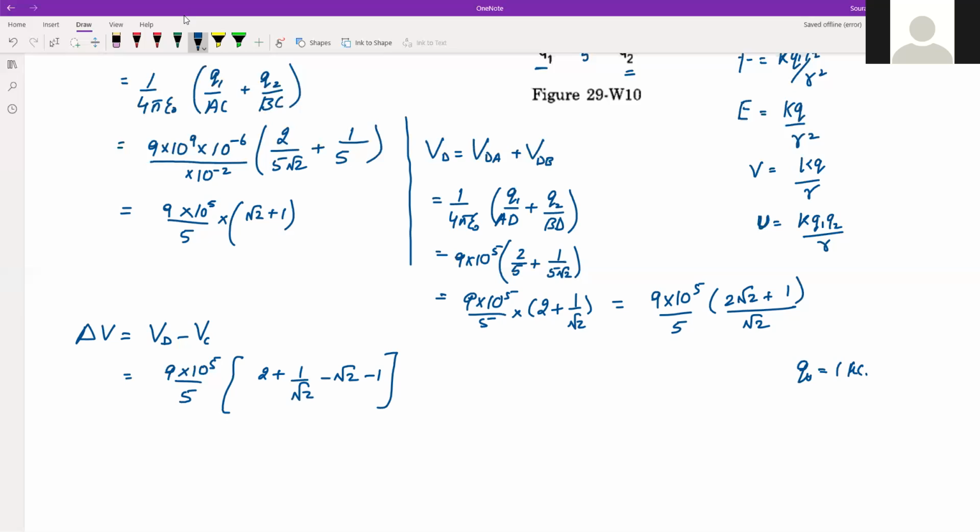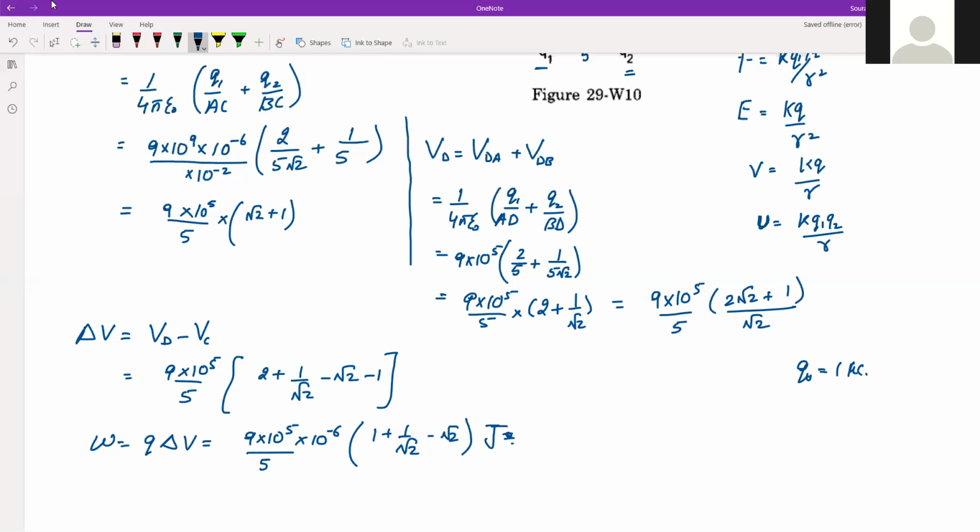So now the work done will be equal to Q delta V, which is 9 into 10 to the power 5 into 10 to the power minus 6, that is 1 microcoulomb, into 1 plus 1 by root 2 minus root 2. So this will be the total number of joules. So we just have to calculate this, and that will be our work done.